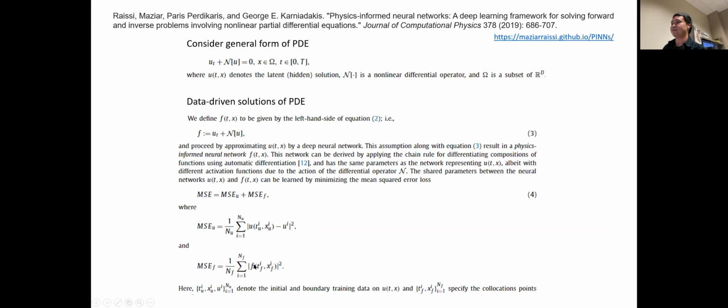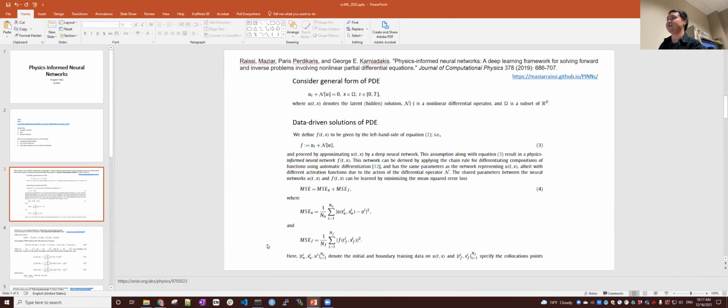We want our residual F, which is a neural network parameterized by some parameter theta, to be as small as possible. Ideally, we want this term to be 0, which means all the data that we got will follow this physical PDE. So that's the basic idea of the physics-informed neural network.